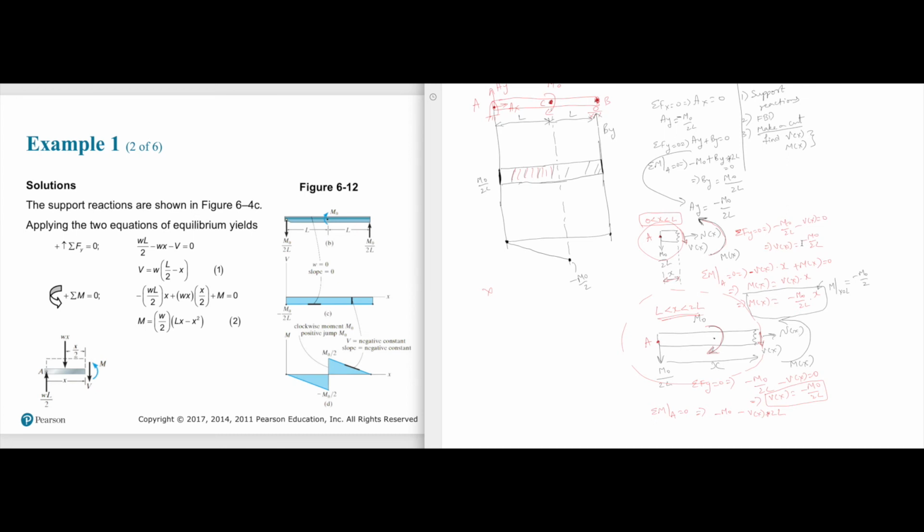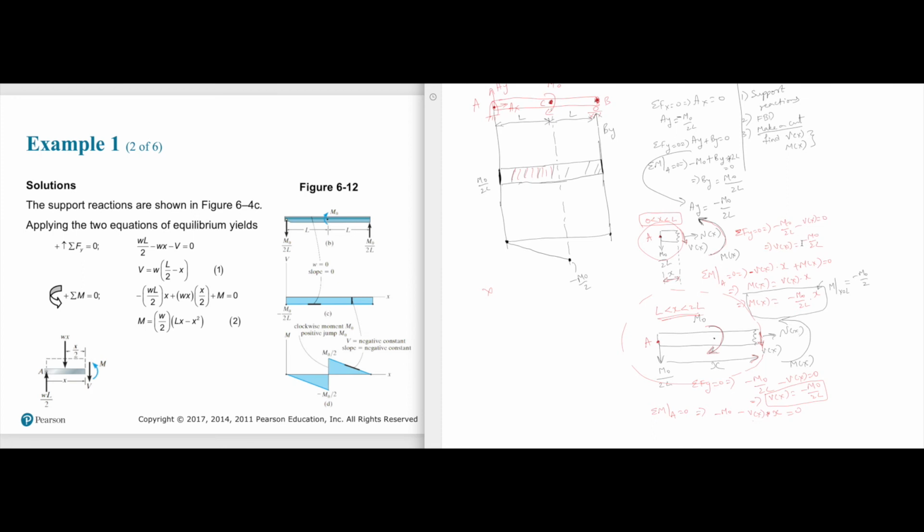And the distance is 2L from A to V. I'm sorry, it's not 2L, it's x. It's x, that's what we assumed, right? So this V is at x from A, so V times x, and this M naught, and that's it, right, is equal to 0.